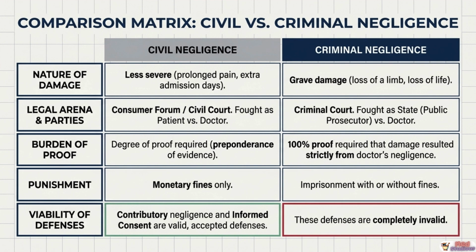Punishment includes imprisonment, with or without fines. Crucially, defenses like contributory negligence and informed refusal are completely invalid in criminal proceedings. This is a highly testable distinction. The same defenses that protect you in civil court are inadmissible in criminal court. The threshold of harm and the standard of proof are both dramatically higher on the criminal track.